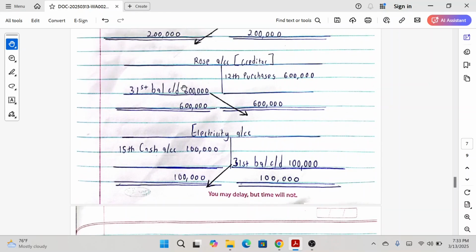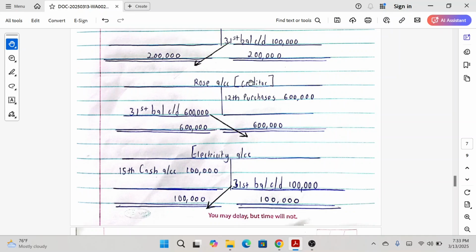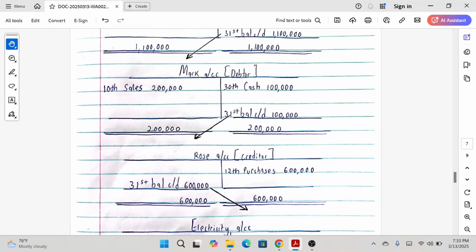Where you see this arrow, where you see it going, it's the side which is going to receive the money with the T account. So 600 is going to be on the credit side, since a creditor is having a normal credit balance. Then a debtor is having a normal debit balance, but of 100,000.